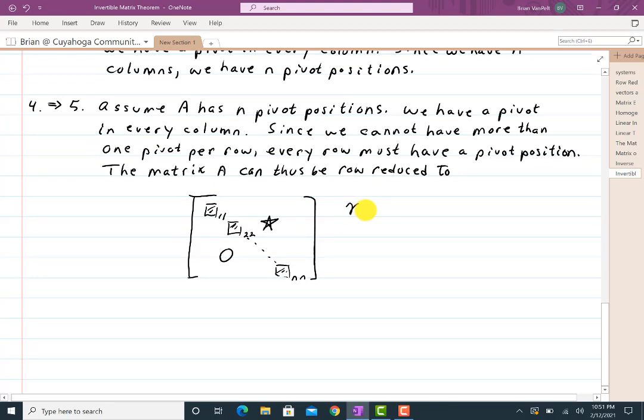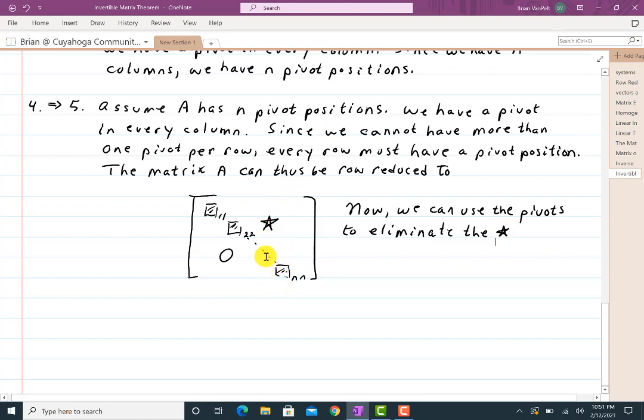Now, we can use the pivots. Remember, they're non-zero, so we can use those. We can use the pivots to eliminate the star region. All you got to do is start with this guy right here and use it to eliminate all the items above it.